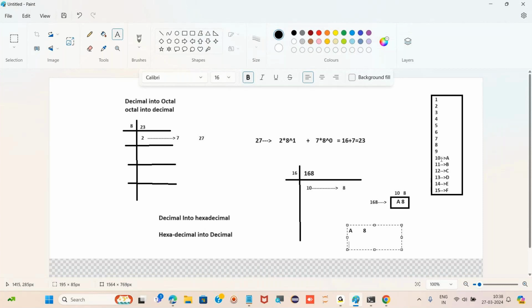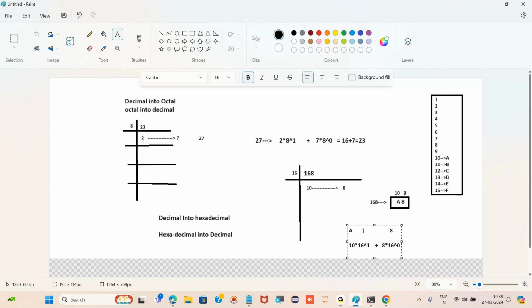To convert a hexadecimal value into decimal, we have to multiply with 16 power of, the base is 16, so we use it like this: 8 multiplied by 16 power of 0 plus 10 multiplied by 16 power of 1.